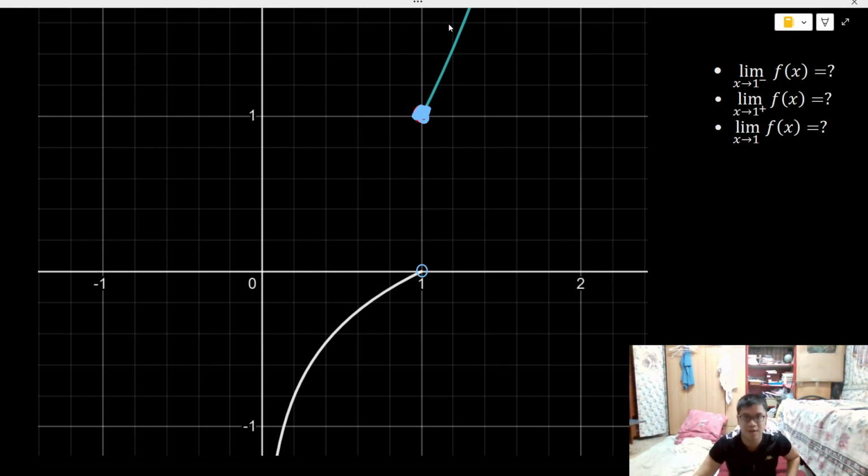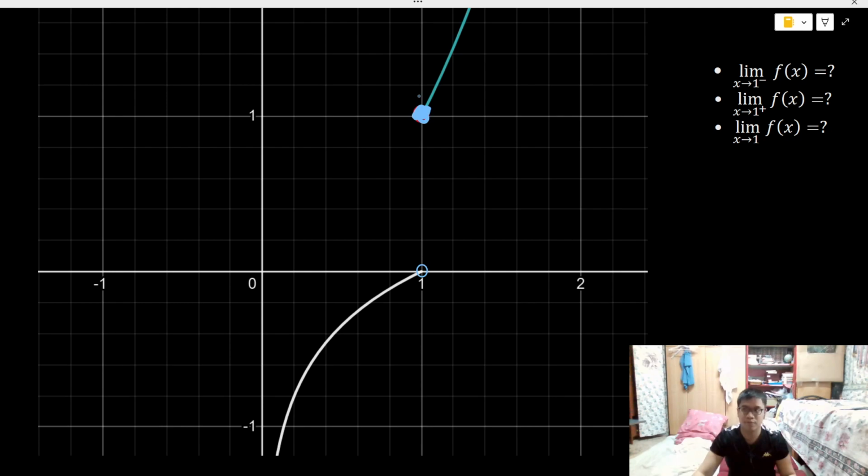Forgive me for how I draw circles or holes, because I'm not using a PowerPoint presentation anymore, so I cannot have a circle that has a fill color. But at least I give you the idea that if there's a hole here, that means it's undefined. But if it's shaded, it is defined.